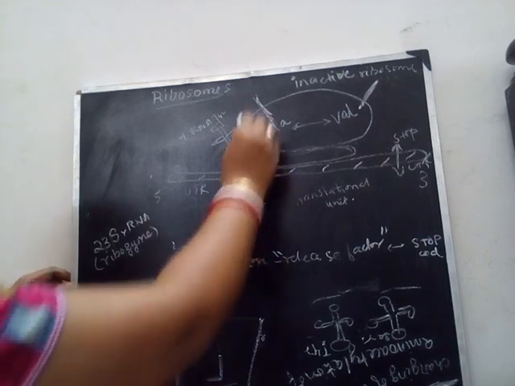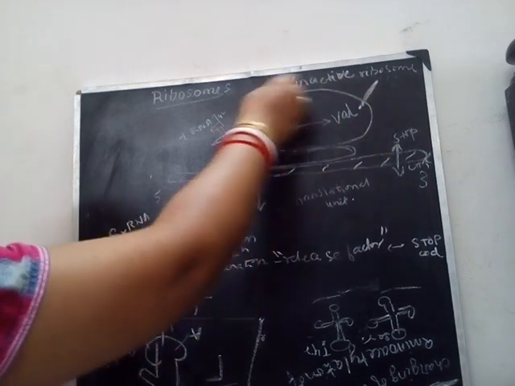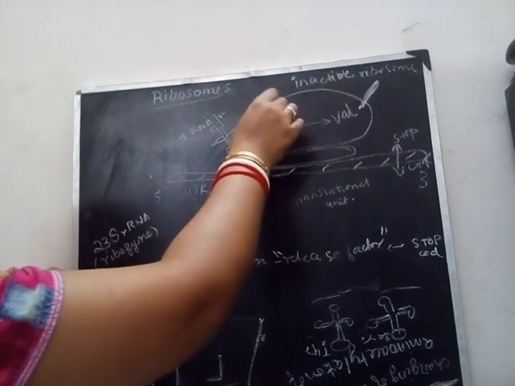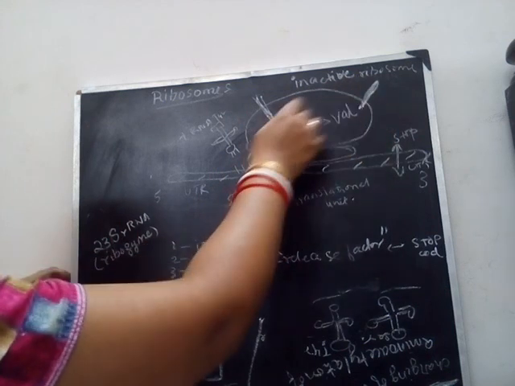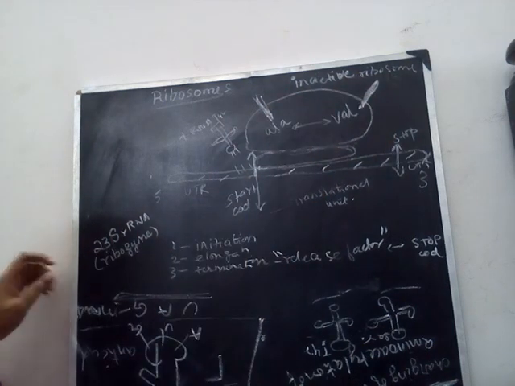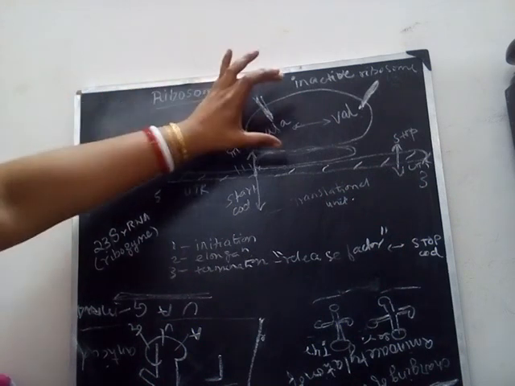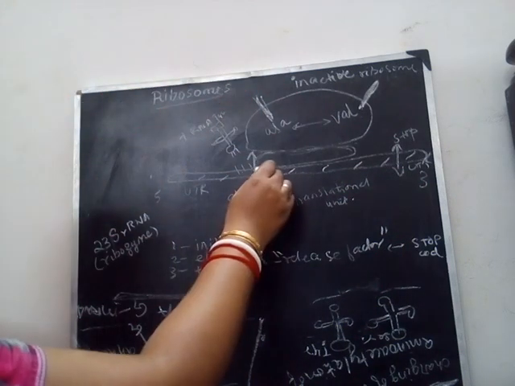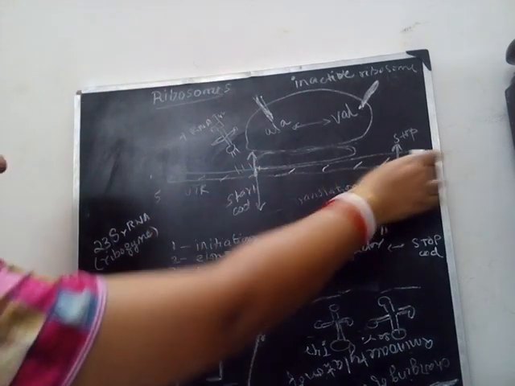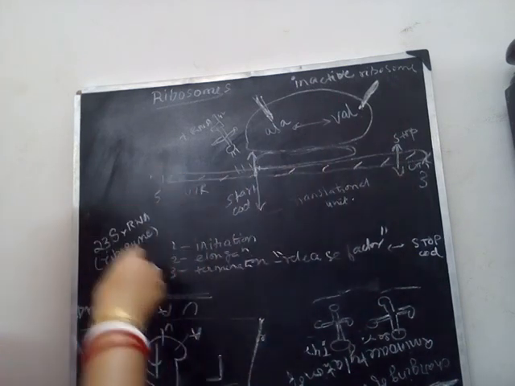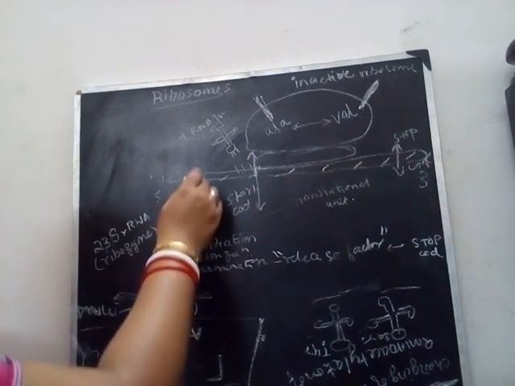Then the larger subunit will have two sites so that it can attach to amino acids. So this inactive ribosome has come now. See, this is the messenger RNA. There is a 5' end and a 3' end, and these are all the bases.